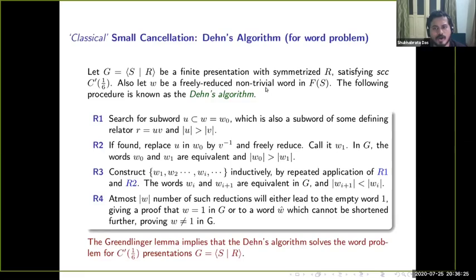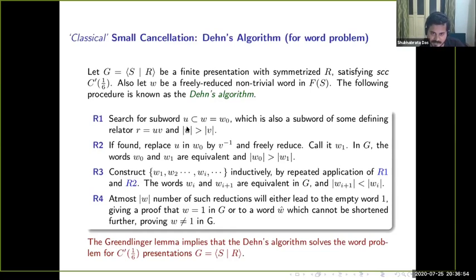So how do we solve the word problem, Dehn's algorithm in this context of C prime 1/6 groups? What this algorithm says is that first you search for subwords of the defining relators R, of this form. You find this kind of subword, and you replace it by the inverse of the rest, because this is smaller.